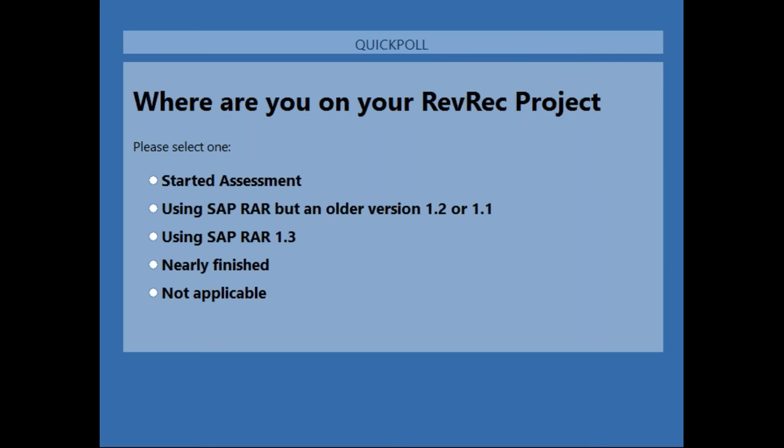Are you using SAP or involved in a project but are using an older version of SAP RAR 1.2 or 1.1? You're on 1.3, nearly finished, or you're an accountant or a Bramasol employee and it's not applicable to you. We'll take about a minute or so to finish that voting, and we'll let you know the results.